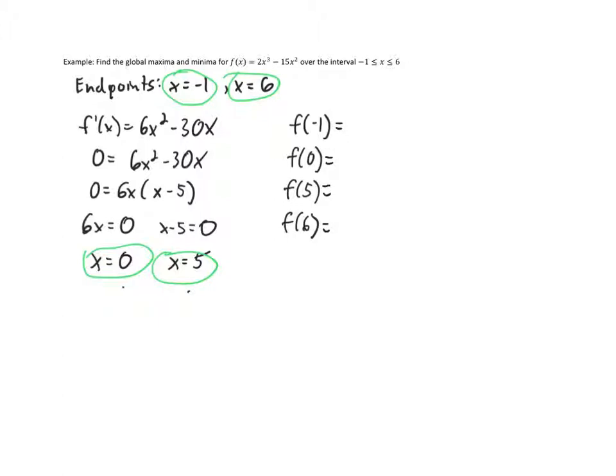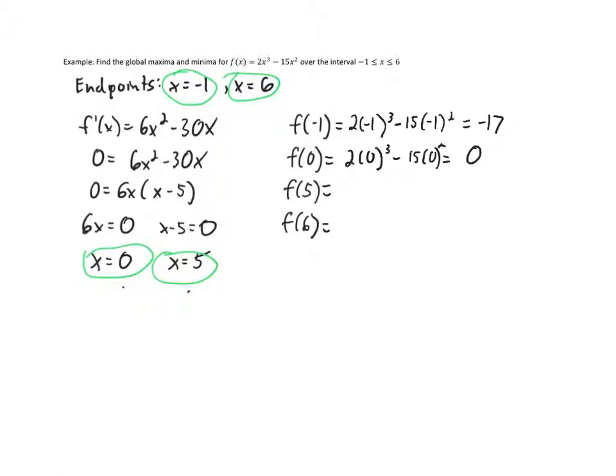So if I plug in -1, 2 times -1 cubed minus 15 times -1 squared, and we compute that, you'll get -17. If you plug in 0, 2 times 0 cubed minus 15 times 0 squared would give you 0.